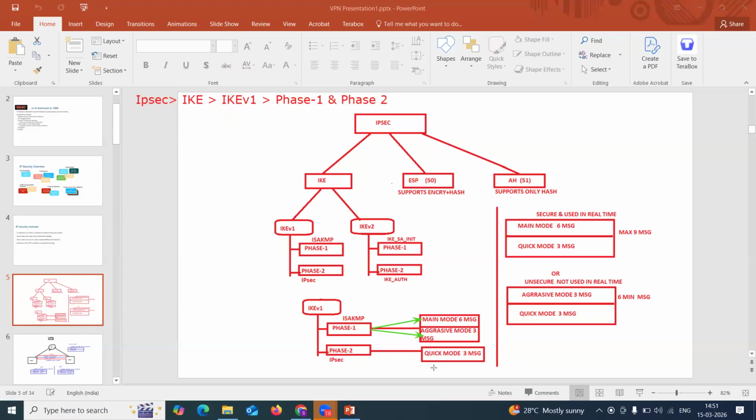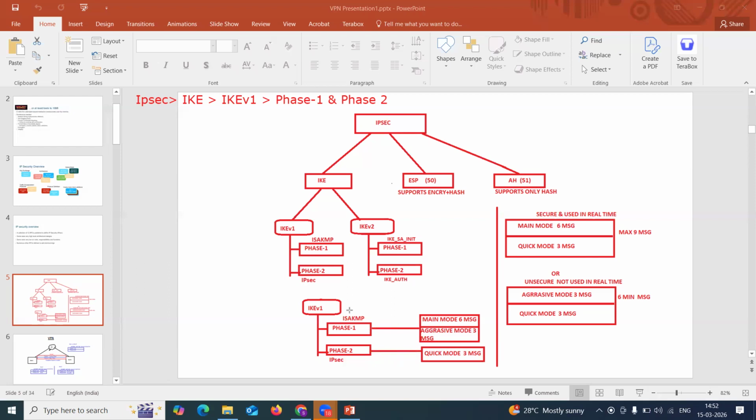One is called main mode, the other is called aggressive mode. And phase 2 has only one mode, which is called quick mode.